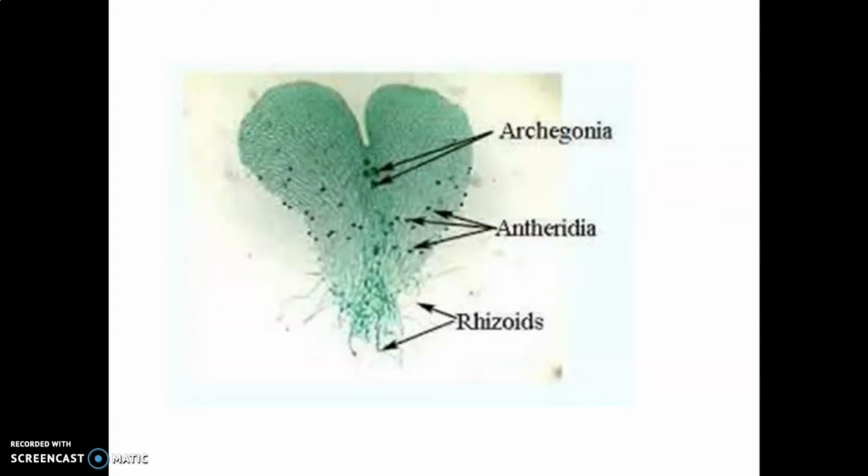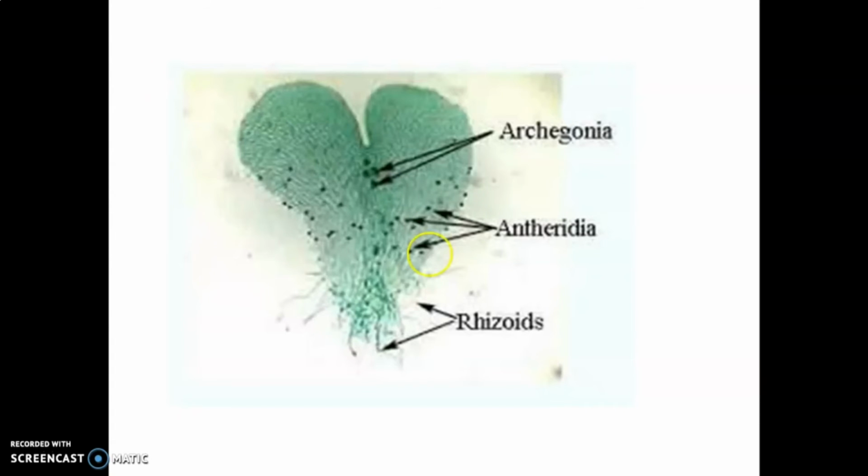Water is required for the transfer of antherozoids, the male gametes released from antheridia, to the mouth of archegonium. So they are situated very close to each other. The antherozoids are released from the male organ antheridia and have to be moved towards the archegonial mouth, and for that the plant requires water.